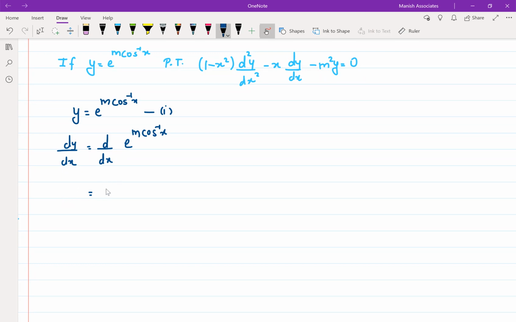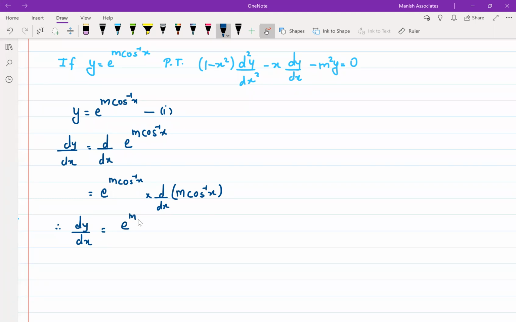Derivative of e raised to x is e raised to x. So derivative of e raised to u will be e raised to u, into d by dx of u, which is m times cos inverse of x. Clear?